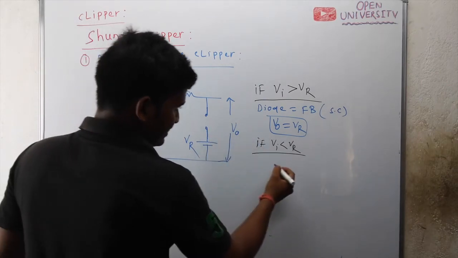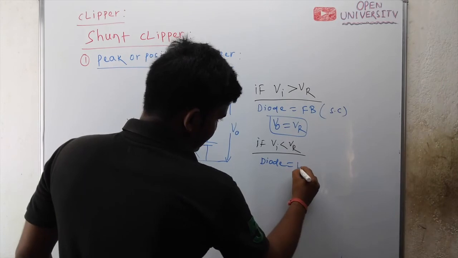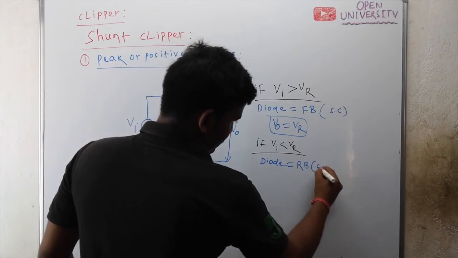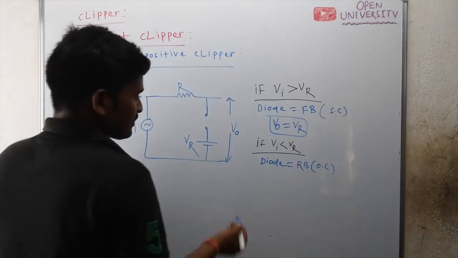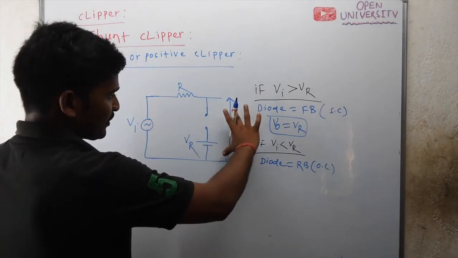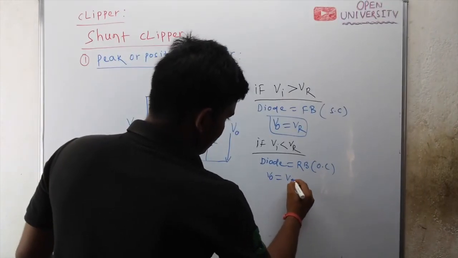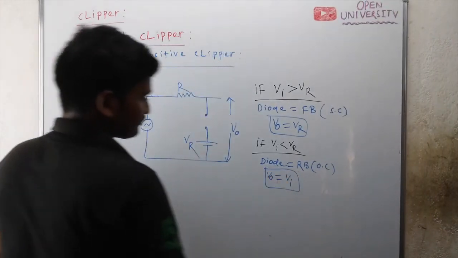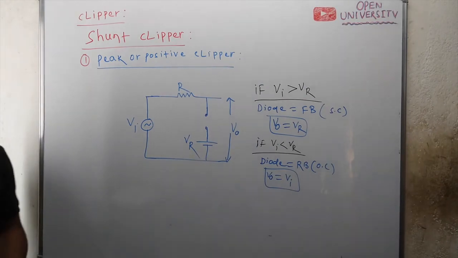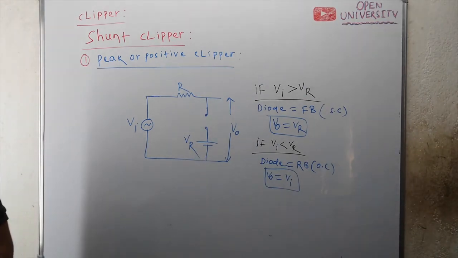When input voltage is less than VR, no current will pass, so the entire input voltage will appear across the output. So your output voltage equals the input voltage.